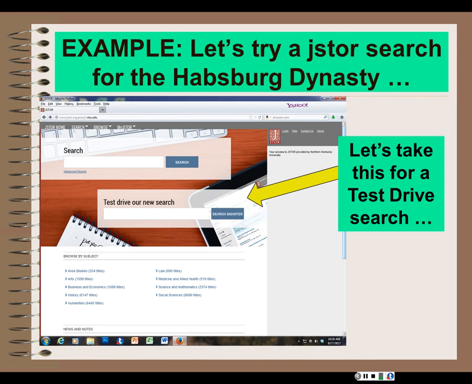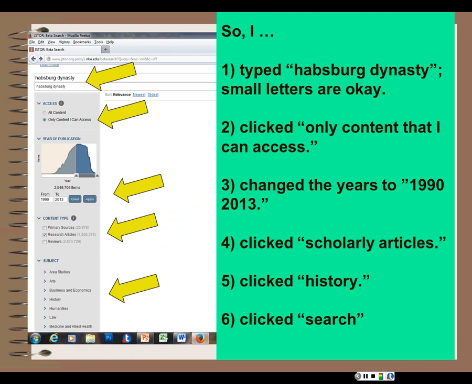So let's do an example, and let's take one from European history. I put in Habsburg Dynasty, and again, these formats change constantly, but I'm just trying to give you an idea of what you would do. You can sometimes limit the number of entries that you get, because if you don't somehow limit it, you could get thousands and thousands of entries.